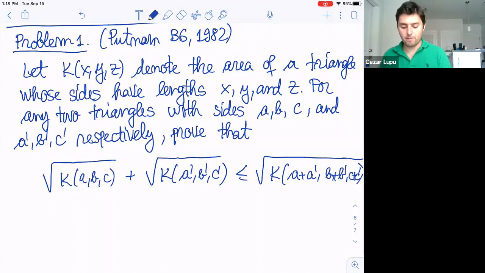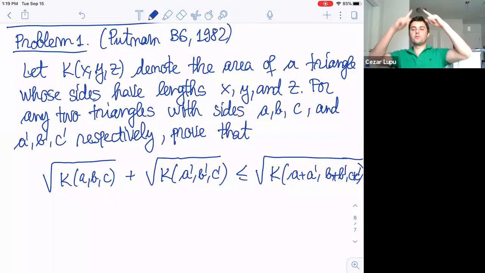Okay, I want you to look at it for, let's say, a couple of minutes. So what I'm interested in, how do we compare the sum of the areas, well, they're in square root, with the area of the triangle when we add the sides of each of the two triangles. I want you to look at it.